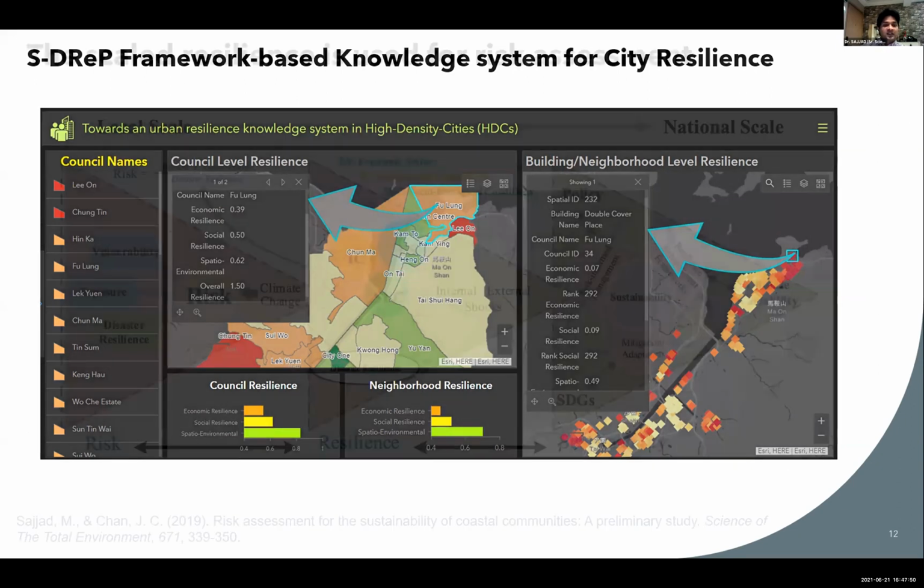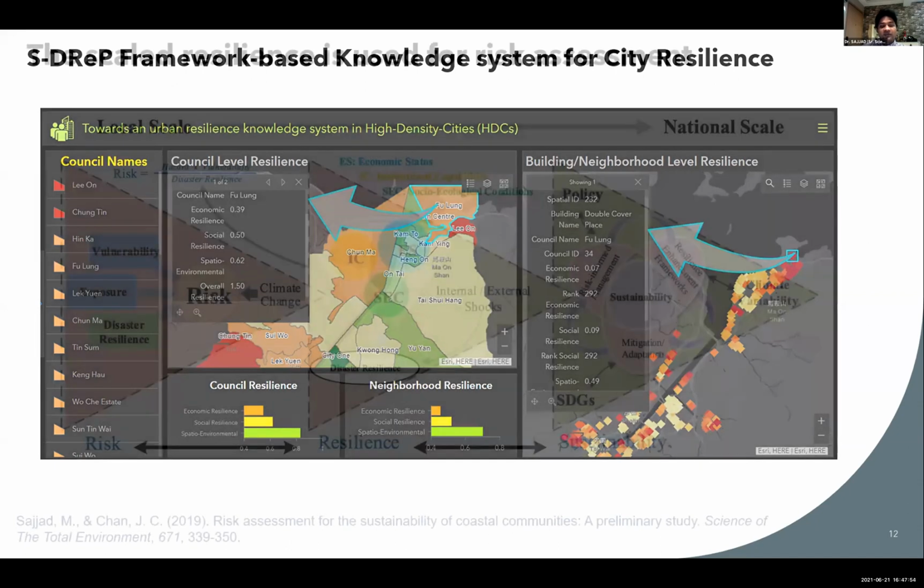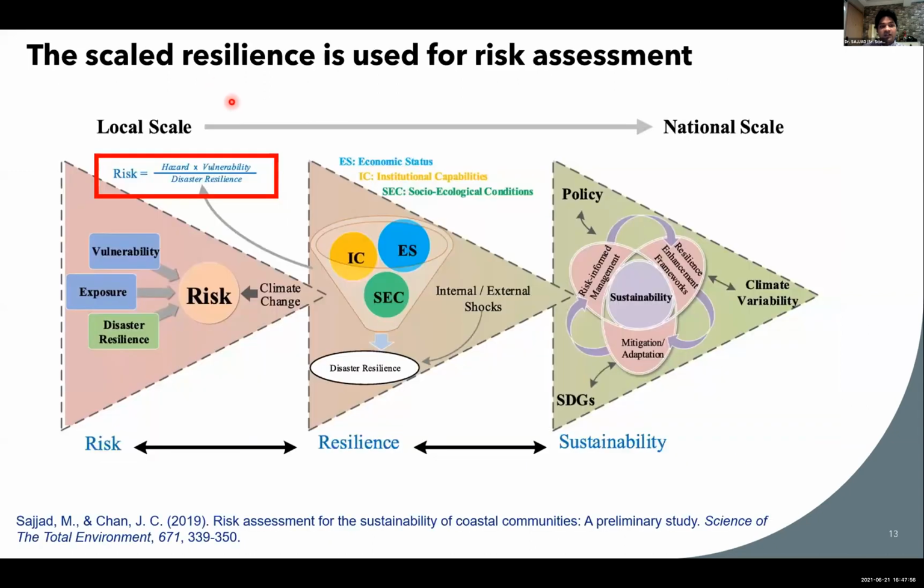The scaled resilience can also be used to further compute the risk assessment, because based on a recent study from our group, risk can be regarded as a function of hazard, vulnerability, and resilience. However, this resilience information was not integrated or available for risk assessment.